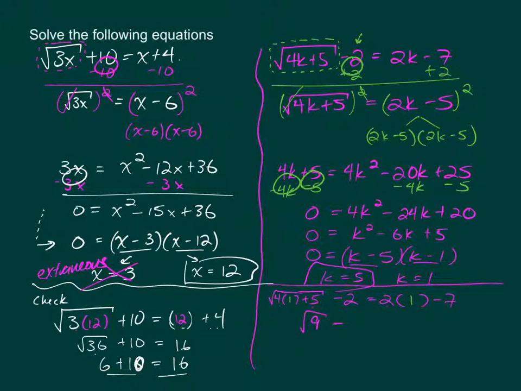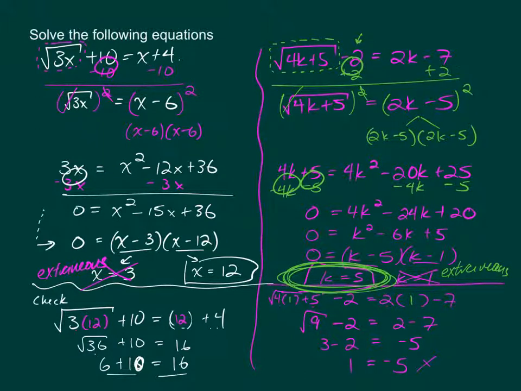So the square root of 9 minus 2 equals 2 times 1 is 2 minus 7. The square root of 9 is 3, minus 2 equals negative 5. So 1 equals negative 5. That does not work. So k equals 1 in this case is what we would say is extraneous. And it doesn't work. And our only answer here is k equals 5.